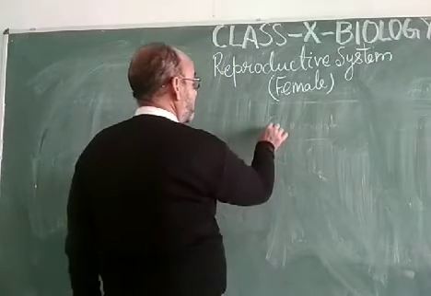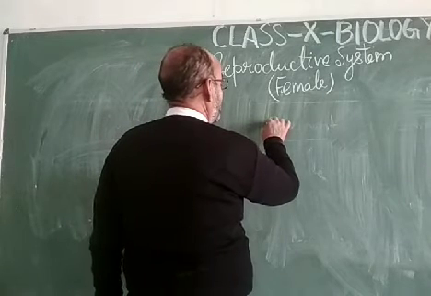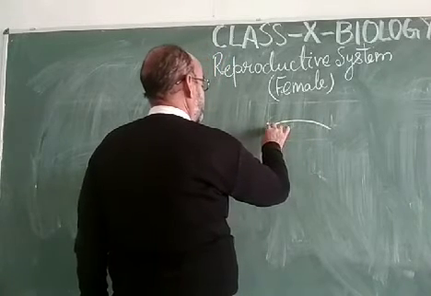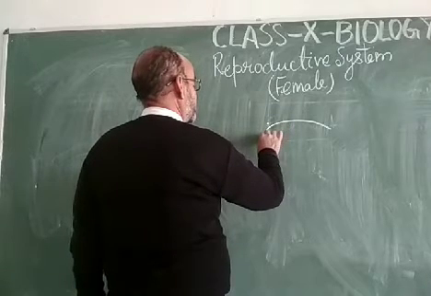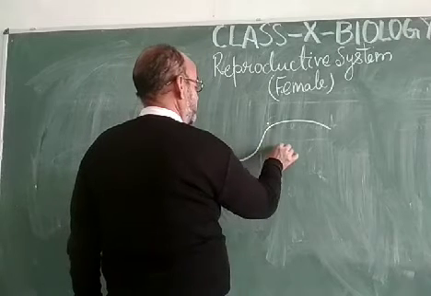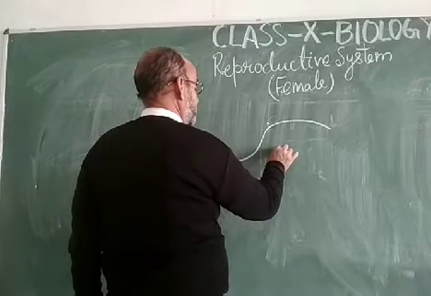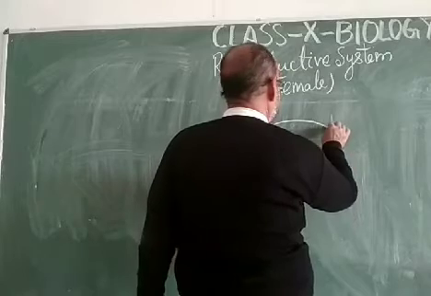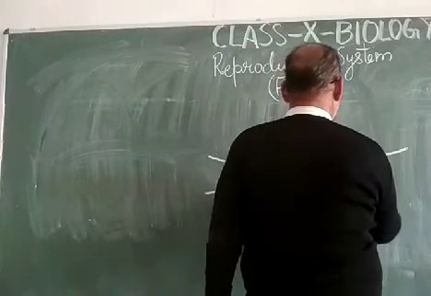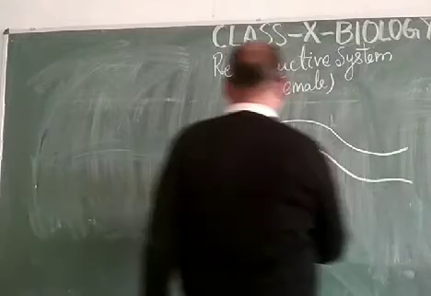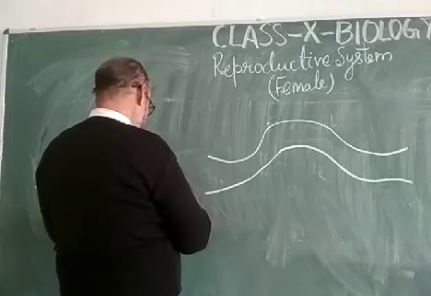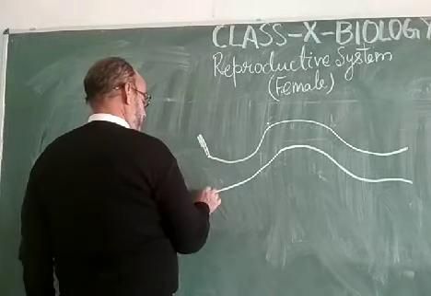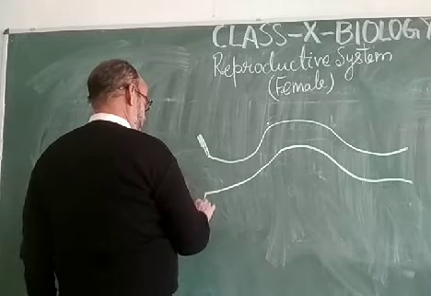My dear students, you see here that this is the unique structure of the female reproductive system, and this is the end part of the fallopian tube.